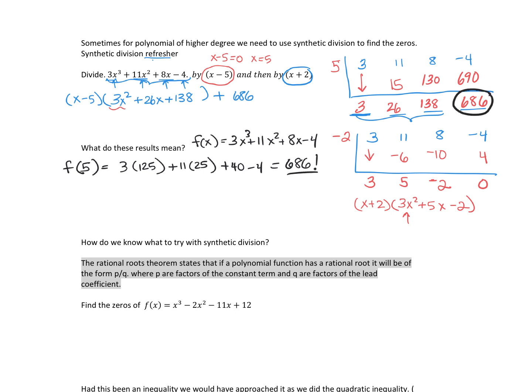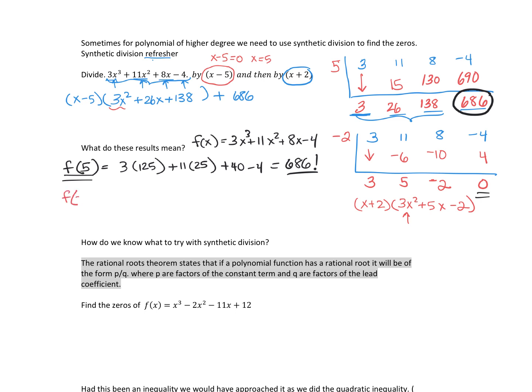Well, that's the remainder there. That idea is called the remainder theorem, which says that if you want to find a function value, you can perform the synthetic division and just look for the remainder. Having said that, a remainder of 0 means that we have an actual zero of the function.